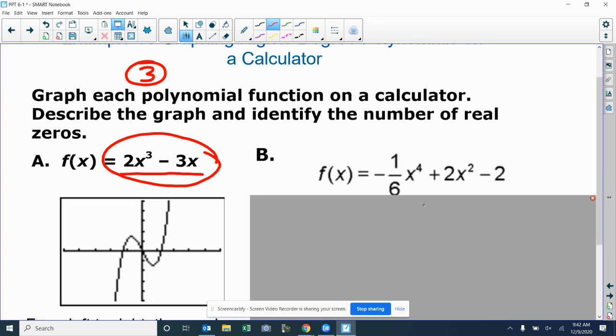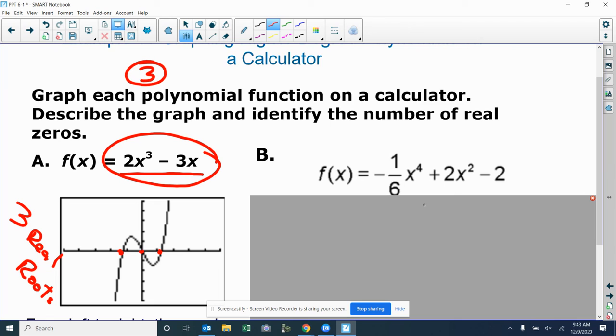You should get a graph looking like that. 1, 2, and you would say it has 3 real roots. Why? Because it crosses 3 times.